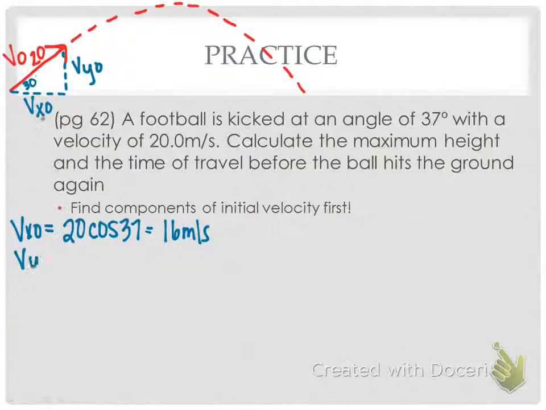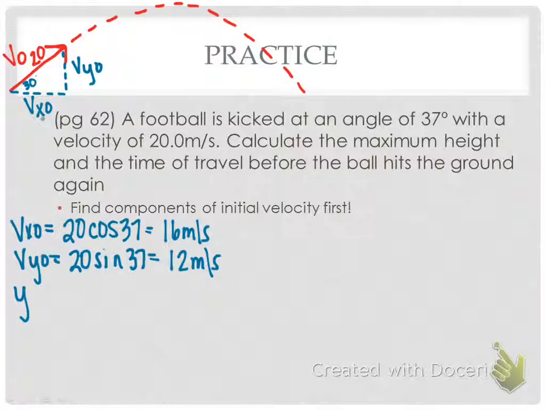Okay, which means v sub yo will take our hypotenuse times sine of 37. Does this notation make sense to everyone? That's not a shortcut you're unfamiliar with, or does that make sense? Okay, great. So 20 sine 37 is 12 meters per second.